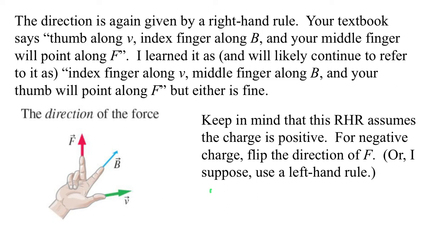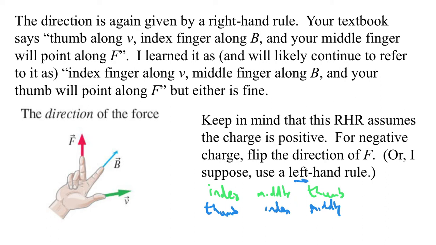So it's either index finger and then middle finger and then thumb, but you can rotate these cyclically. So we could also say the thumb and then the index and then your middle finger will point along what you want.